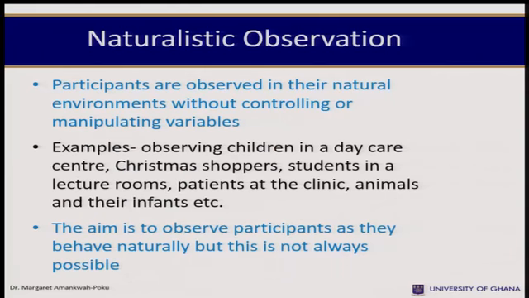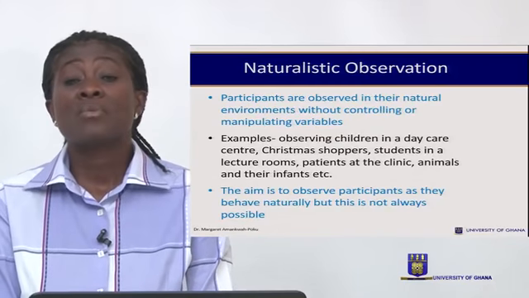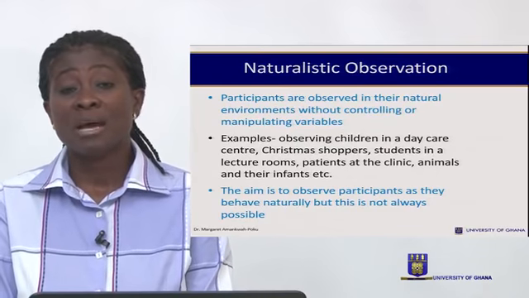Then we have the naturalistic observation, where participants are observed in their natural environment without controlling any variables or manipulating any variables. So, for instance, a researcher could observe children in a daycare center. A researcher could observe shoppers in a shopping mall during Christmas. A researcher could observe animals in their natural habitat, etc., etc.